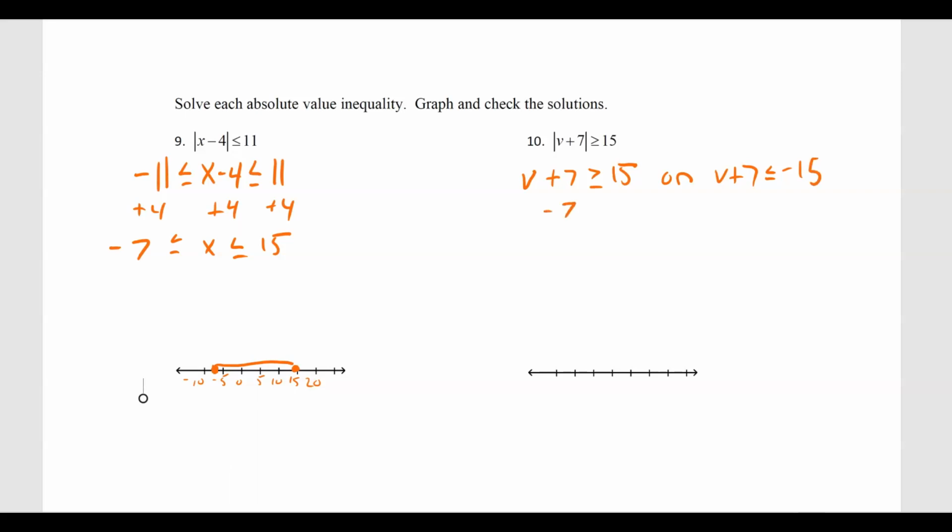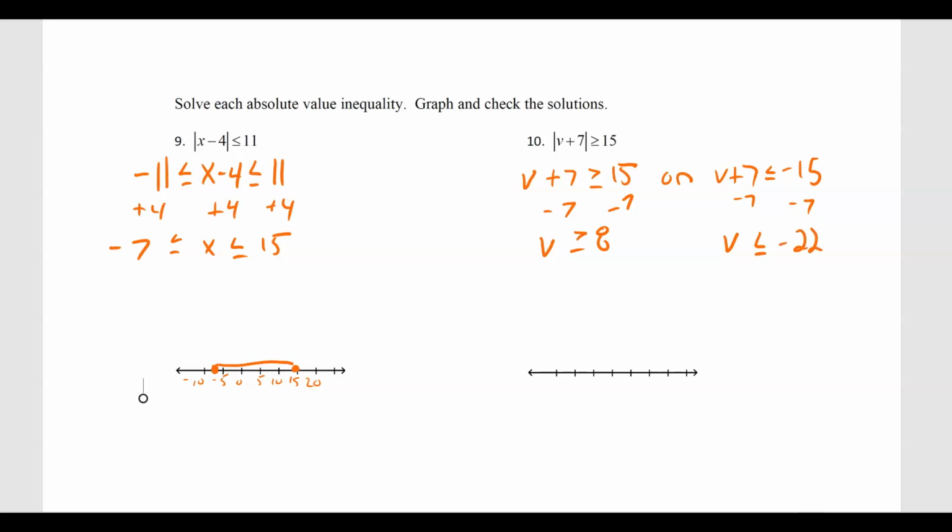So I subtract 7 here. V is greater than or equal to 8. And I subtract 7 here. V is less than or equal to negative 22.